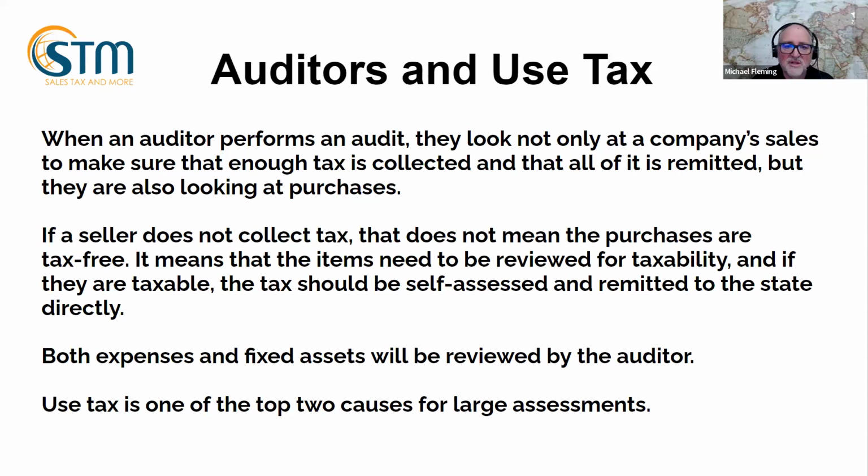A discovery unit's primary function is to find new taxpayers, people who are outside the state that they think should be collecting and remitting that state's taxes. There are other ways that these discovery units can find you, but that's a really big way. That's probably the number one way that companies are found for audit if they're selling on a business-to-business basis.